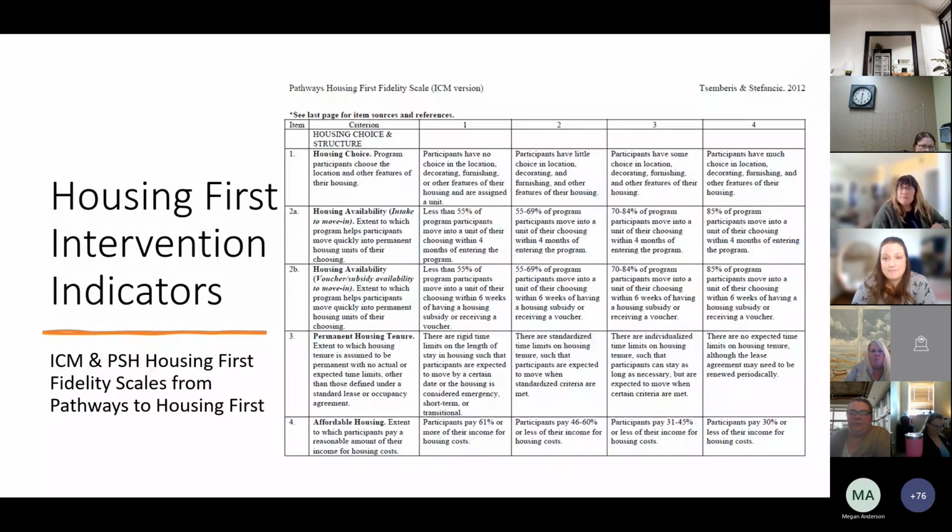You can do a self-assessment, or we've done it with other programs where we assess their programs and they assessed ours. When I met with Sam Tsemberis, who is considered the father of Housing First, he started Pathways Housing First. We met with him in 2016, and I met with him again last year and talked about Housing First.